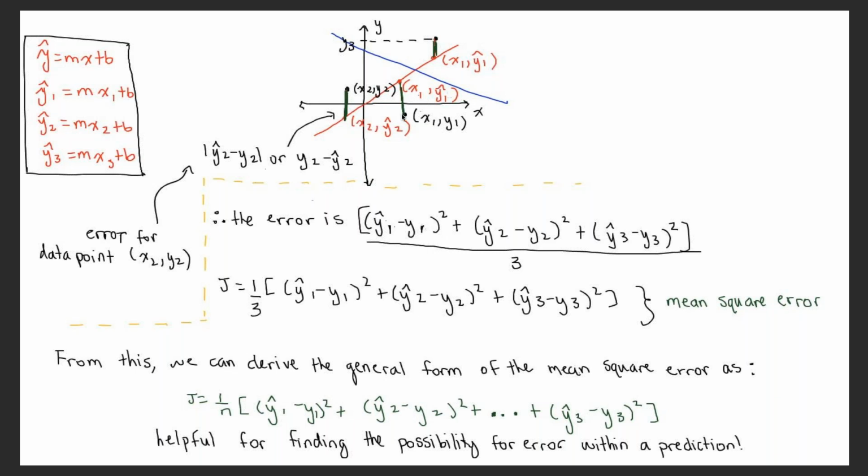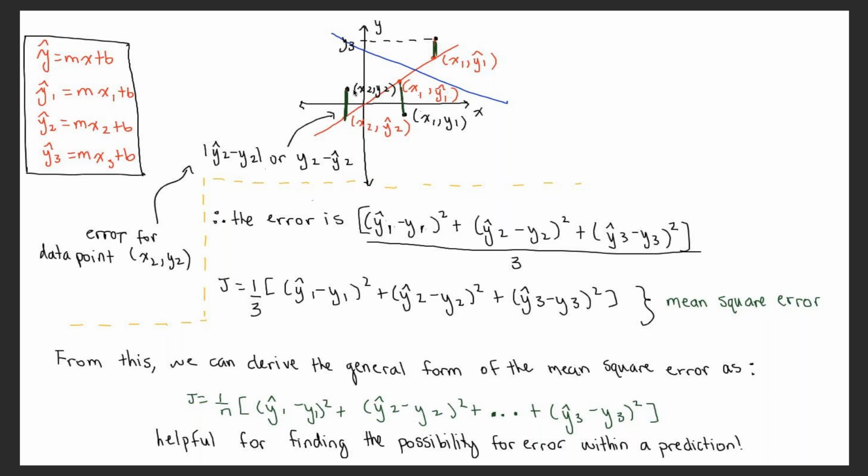I've drawn 2 lines, a red line and a blue line. These 2 lines are once again supposed to act as model predictions for our black data points, and we're trying to figure out how far off our prediction was. Let's take this red line for example.